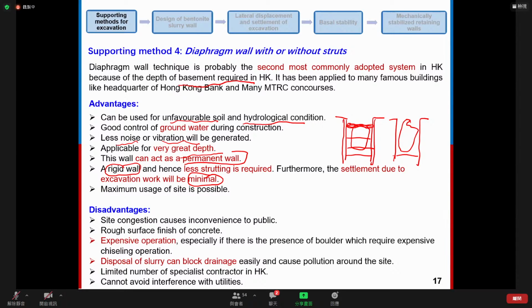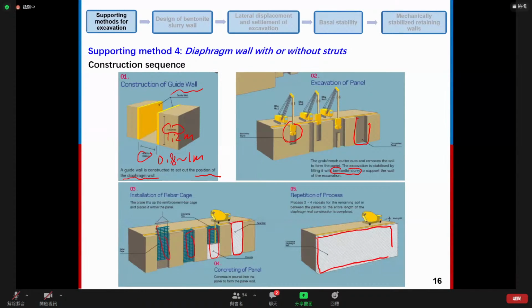Okay. However, site congestion may happen, as we discussed before. The construction of diaphragm wall actually is not easy, it's quite complicated. We need to use different machines. First of all, for the guide wall, we need to have a cutter to form this kind of guide wall. And after that, we need a grab cutter to form the panel.